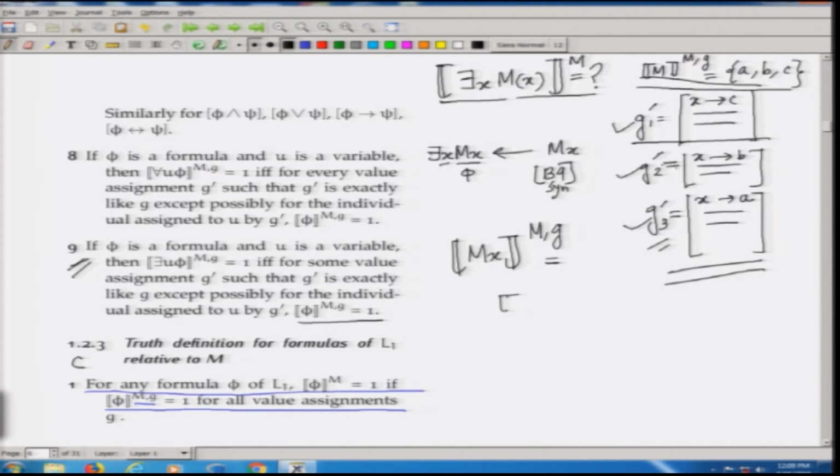The denotation of m is actually c, and we know that this is 1 because the denotation of m is the set that consists of all three. So, therefore, this is 1.